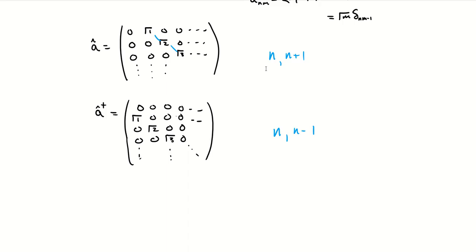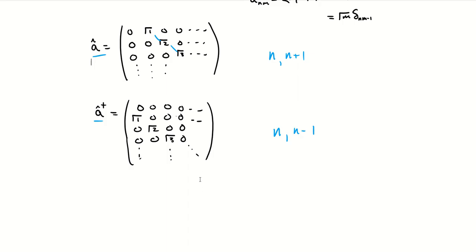Another thing is that these are not Hermitian, right? They are not complex transposes of each other. So the raising and lowering operators are not observables, because all physical observables are represented by Hermitian operators.